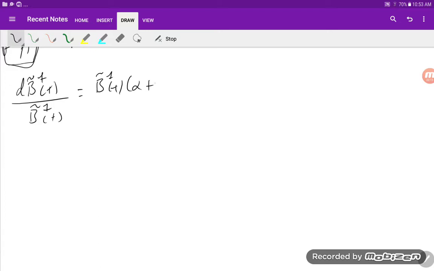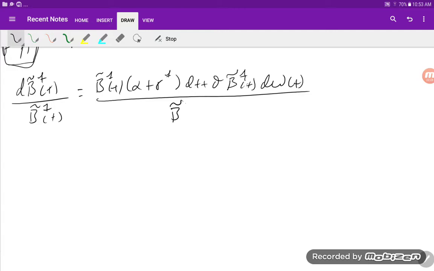It was alpha plus r_f dt plus sigma b tilde f dWt, and that's over the process itself, so these cancel out.